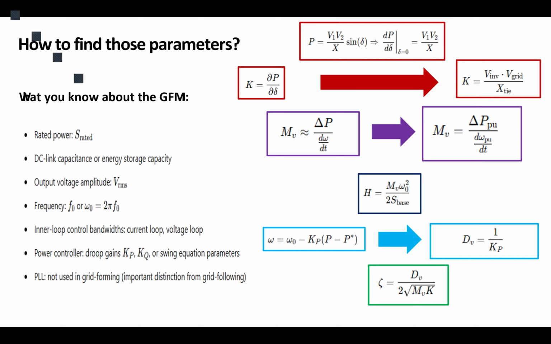MV, which we said is the inertia of our system, could be calculated based on the variation in power, the delta P. So you have a droop control. You have a reference power, you have a measured power. The variation of that measured power is delta P, and the denominator for calculating the MV is the margin, or how fast you allow the frequency to change.